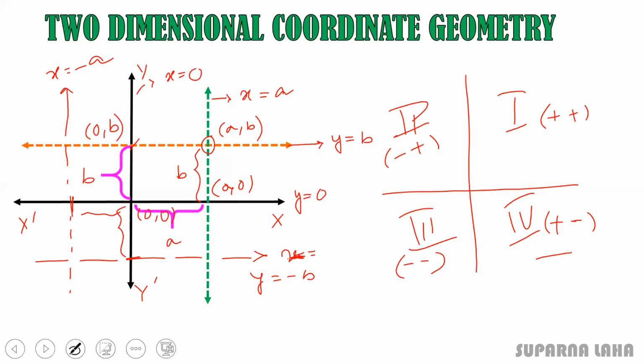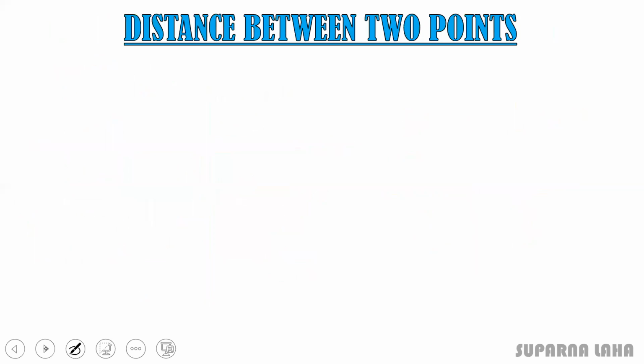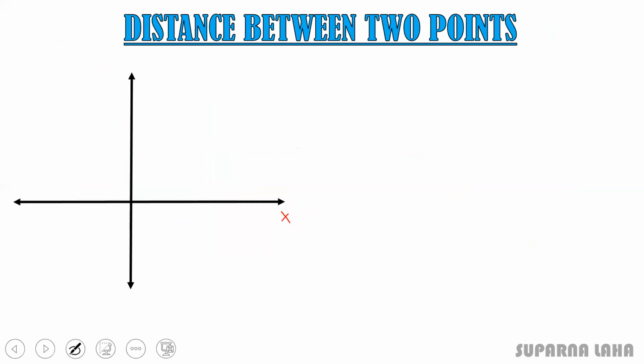Clear? So moving to the next topic, that is distance between 2 points. You already know the formula for the distance between 2 points. Take the x-axis and y-axis, x dash, y dash, and this is the center O. Take these 2 points, P and Q. Take P as x1, y1 and Q as x2, y2.